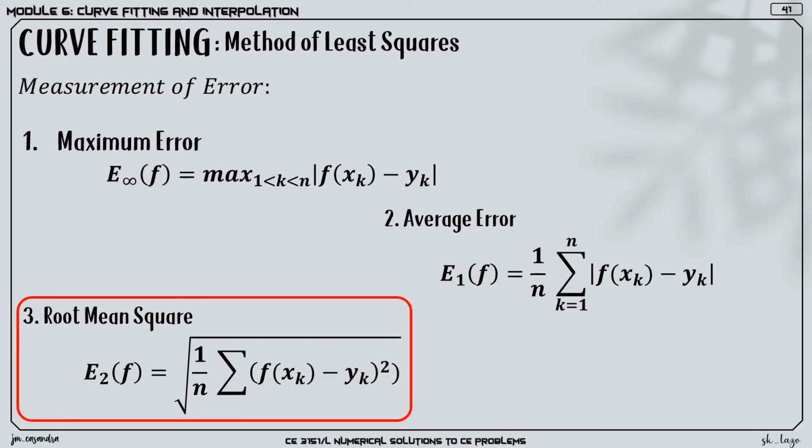So in the method of least squares, what we're going to apply in our analysis is the root mean square, wherein we are going to minimize the error, which is f of x sub k minus y sub k.